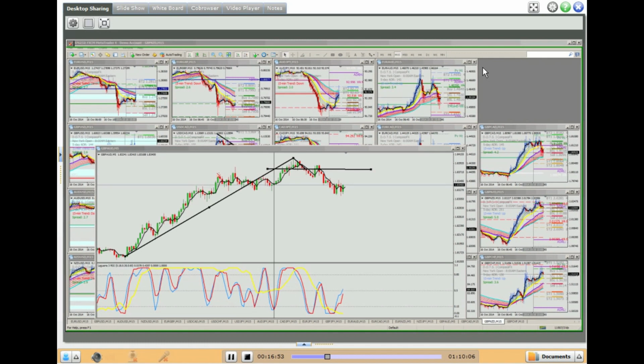I find the best times to trade would be during the Australian, New Zealand time. Asian is my favorite, and London. I trade everything. Very rarely do I ever trade the U.S. session.